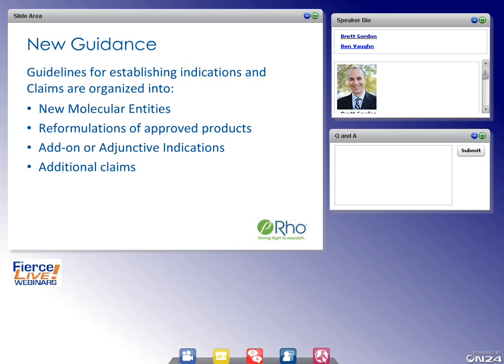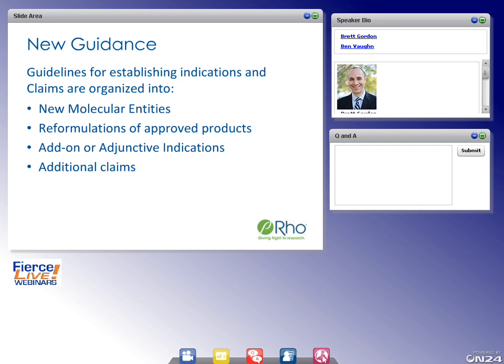At that time, they said that analgesic guidance was about 10 years overdue. That was 4 years ago, so a lot of thought has gone into it. And if you compare this to some other things that have been put out, for example, the summary level clinical site data guidance, that thing's a mess. There are inconsistencies even within the document. By comparison, this is really well laid out. So I'm going to hand off to Brett, and he's going to speak about what you need to show for new molecular entities.